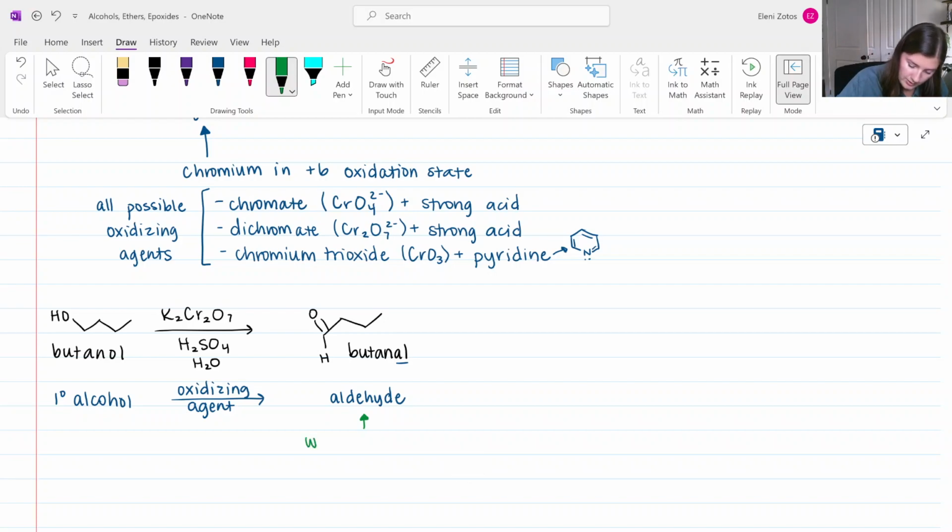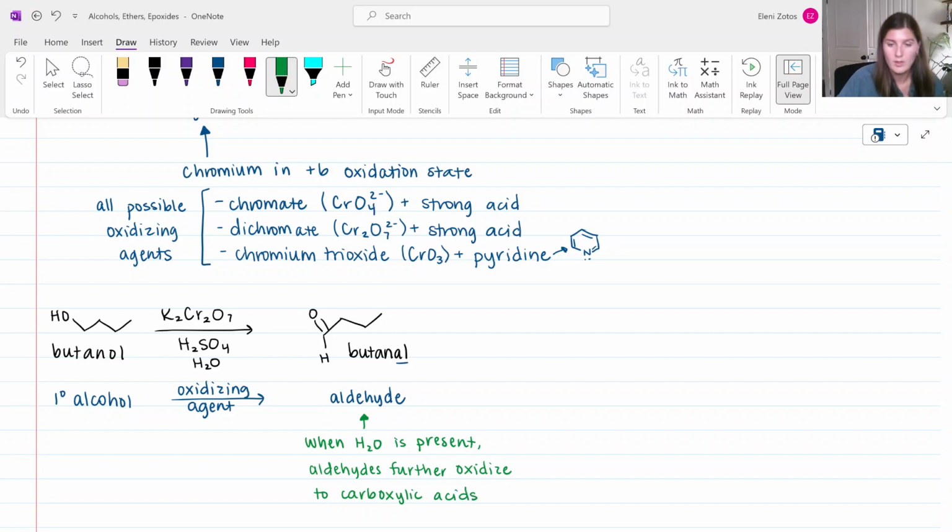So when water is present, when H2O is present, aldehydes further oxidize to carboxylic acids.